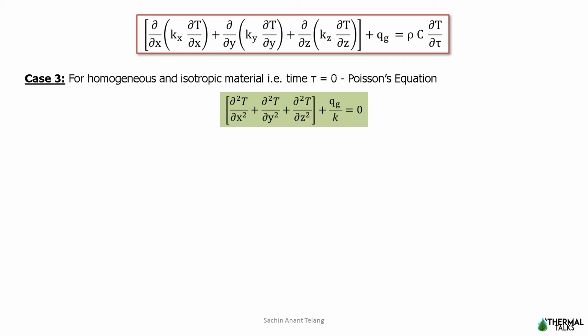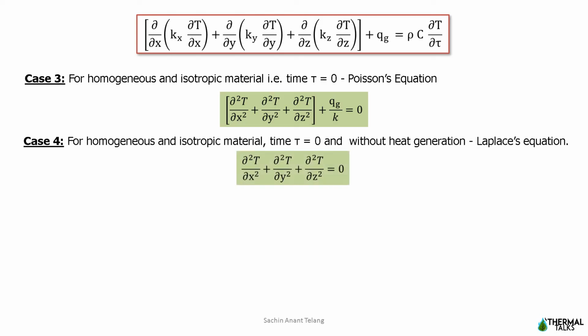So the right hand side of the equation goes out and we call this a Poisson equation. Case number 4: the material is again homogeneous, steady state conduction, and there is no heat generation. We call it a Laplace equation. Now the Q term and the internal energy terms reduce to 0 and we get only temperature distribution terms.